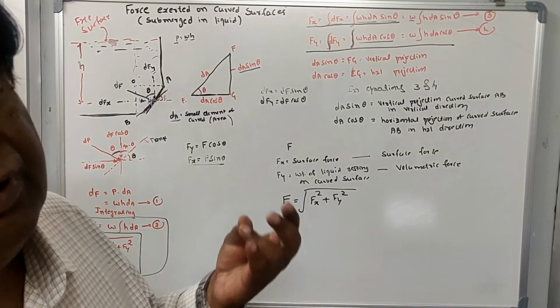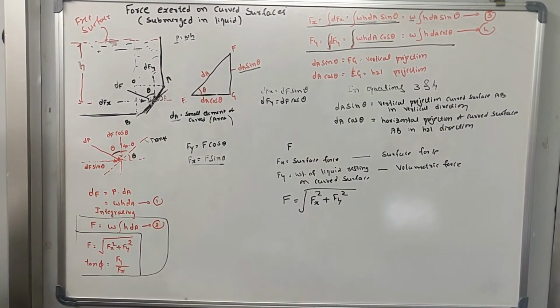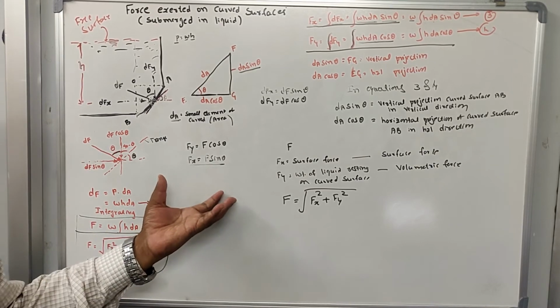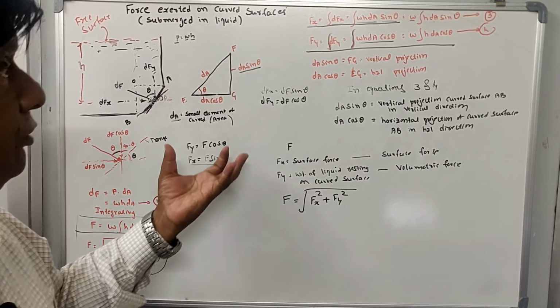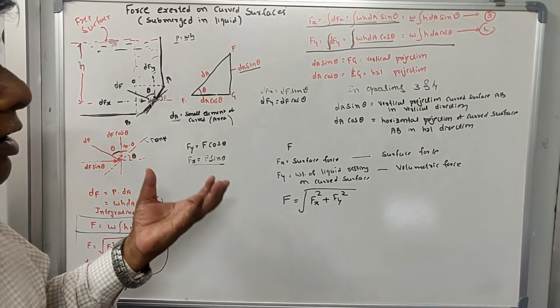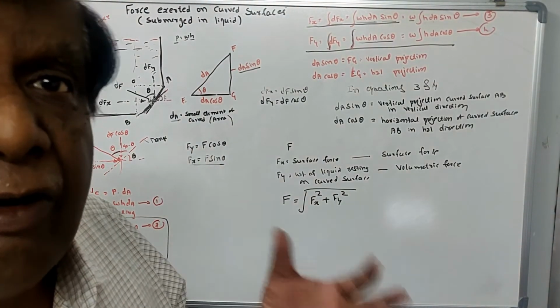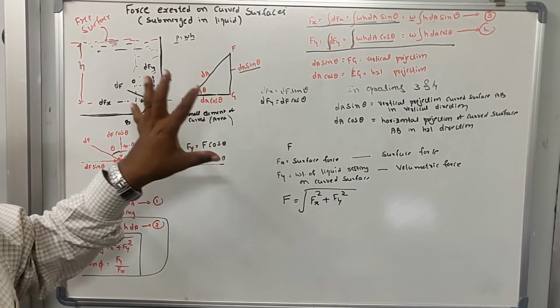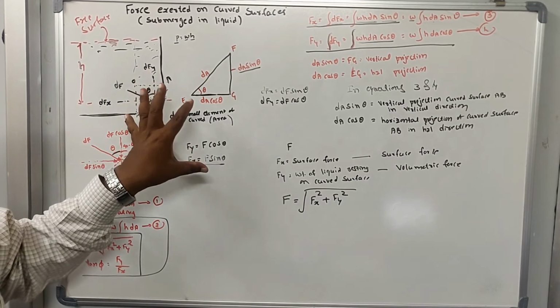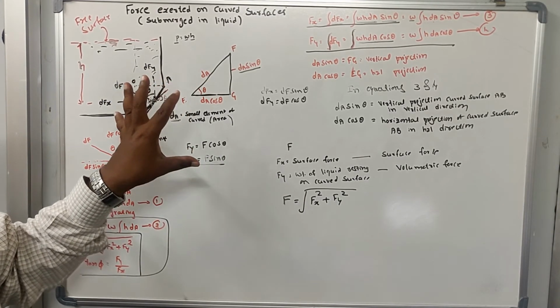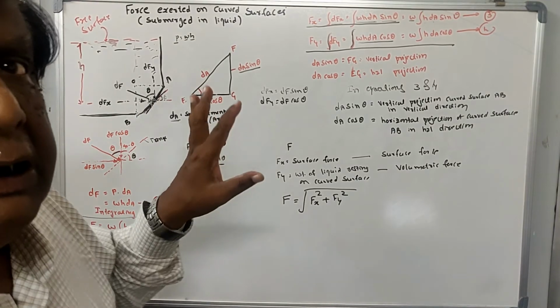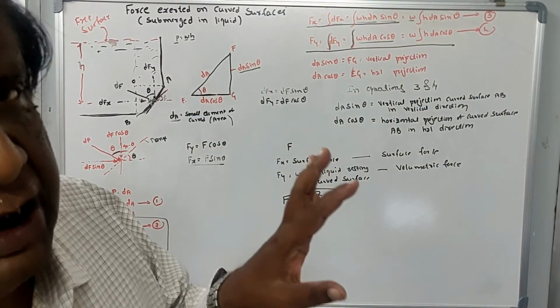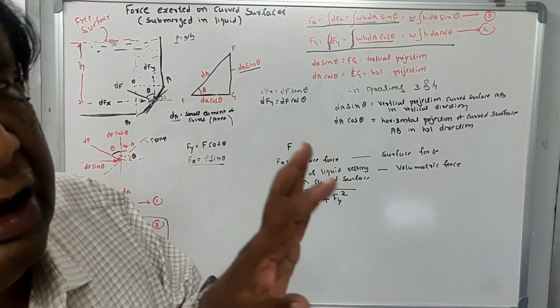Those things we will discuss in the higher semesters, whenever we are discussing the design of hydraulic structures. There we use this knowledge. Without knowing this, you can't analyze and design the hydraulic structures. So this is very basic computational skill required to analyze and design hydraulic structures.